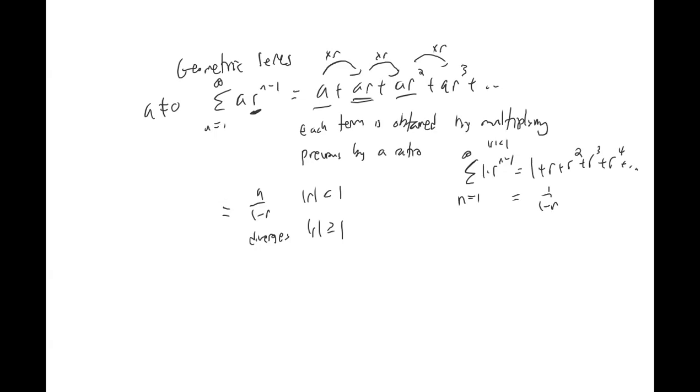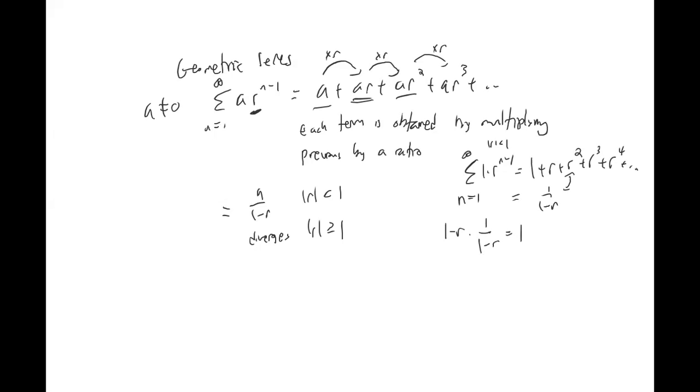From here, we could check it. In fact, I'll convince you that these two are actually equal. One way to check is if I multiply 1 minus r by 1 over 1 minus r, I should get 1.